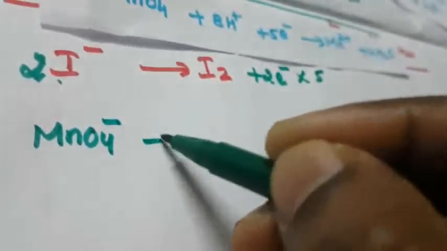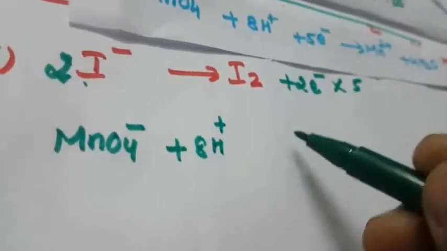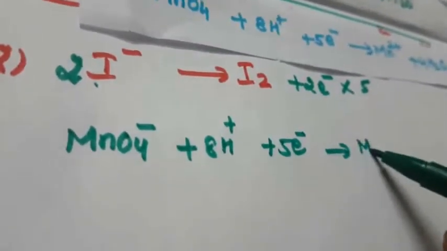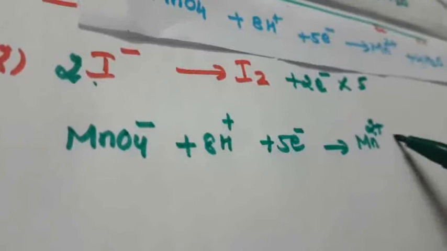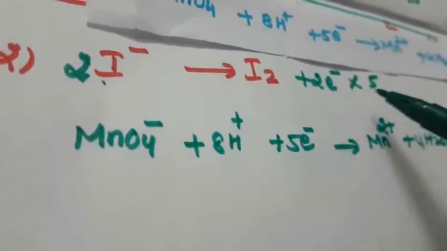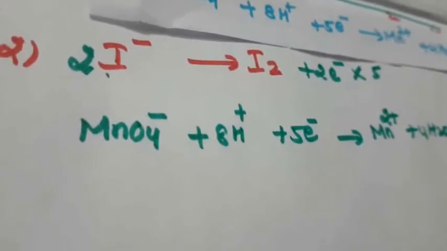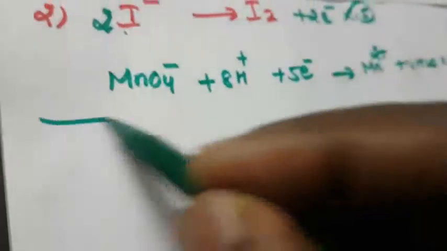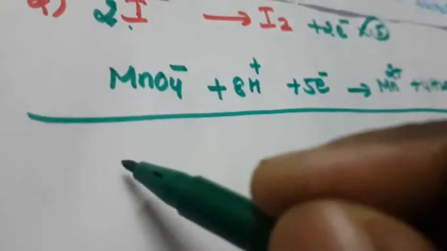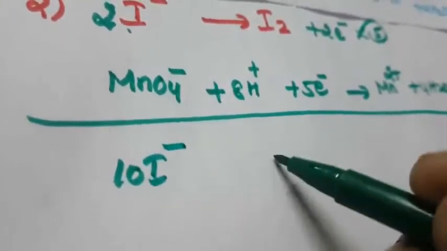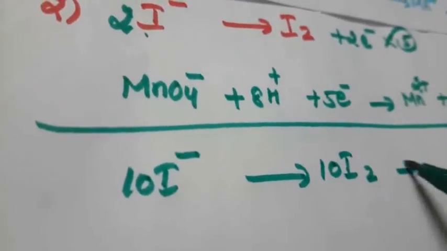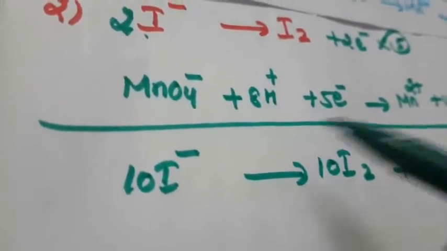MnO4- + 8H+ + 5 electrons gives Mn2+ + 4H2O. This equation is multiplied by 2 to balance. Now writing here, 10I- gives 5I2 + 10 electrons.